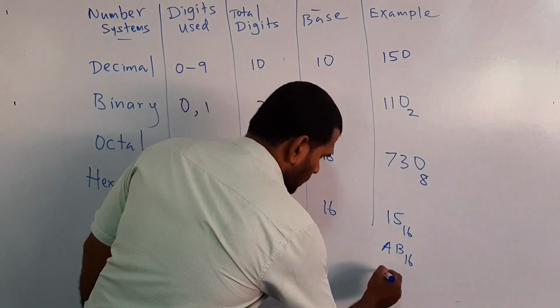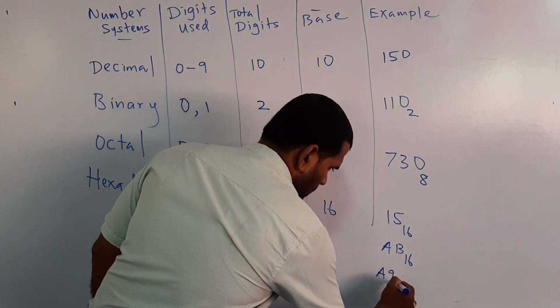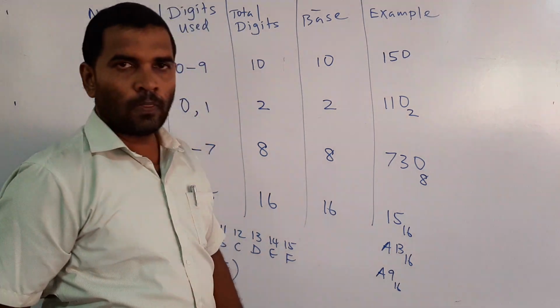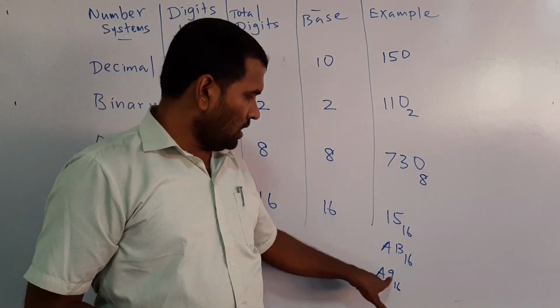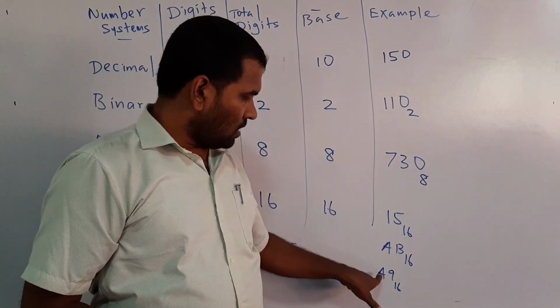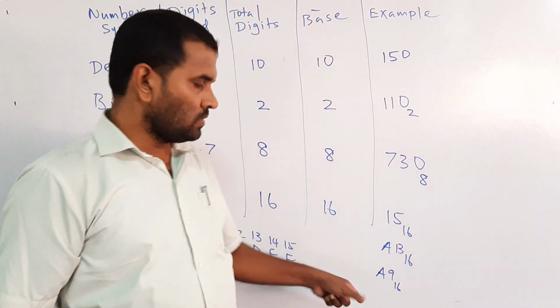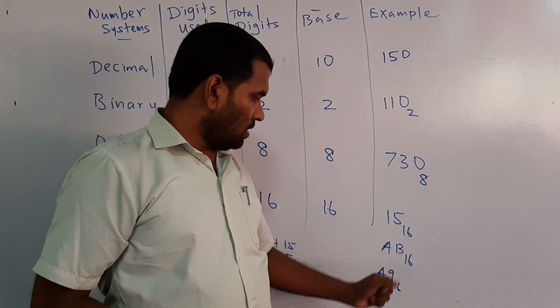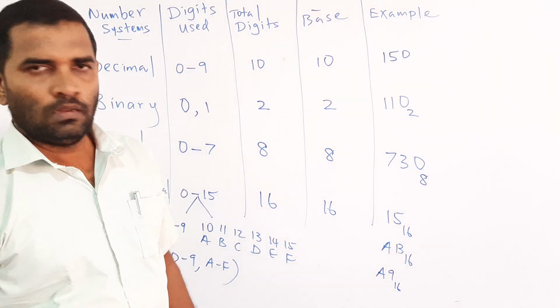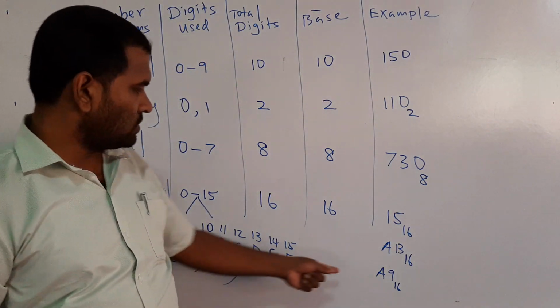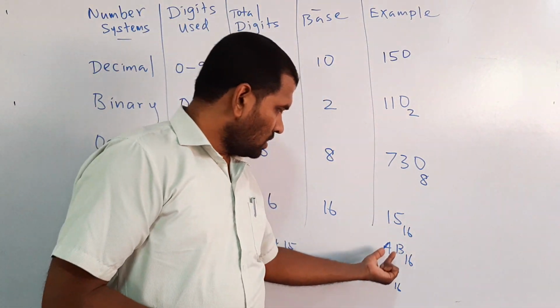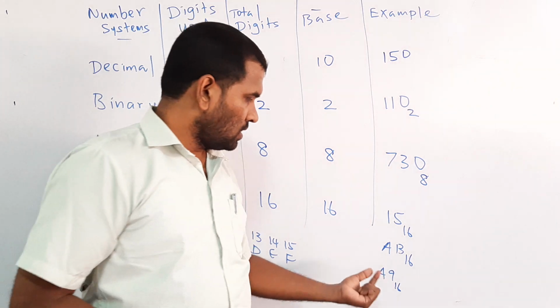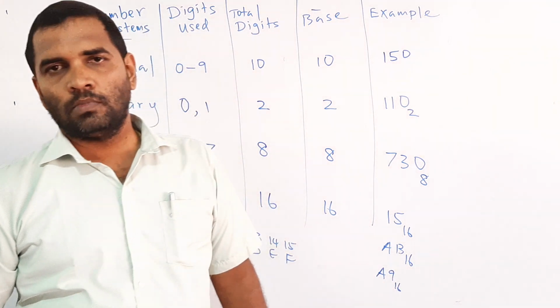Even this is also correct, A, 9, base 16. A is 10, so I can put A. Then 9, that is in the range, so A 9 base 16. Here all of them are numbers, here all of them are letters, here both of them are mixed.